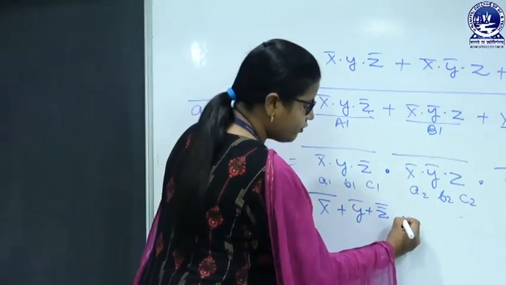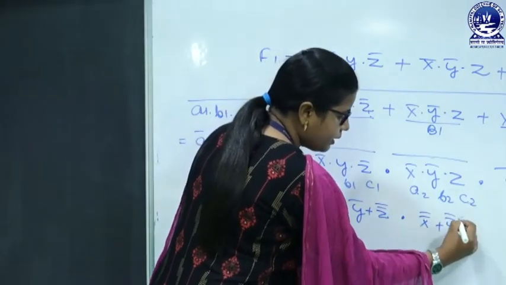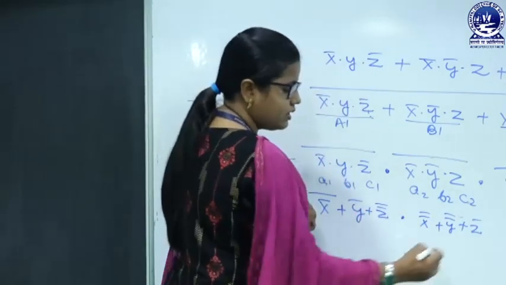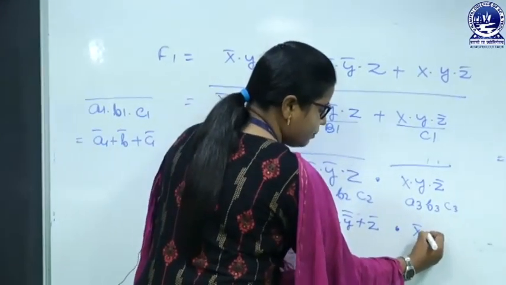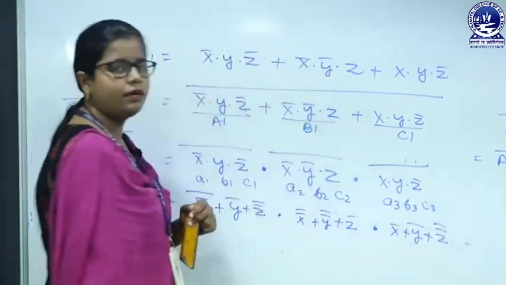Like that, we will go here: X double complement plus Y double complement plus Z complement, dot X complement plus Y complement plus Z double complement.